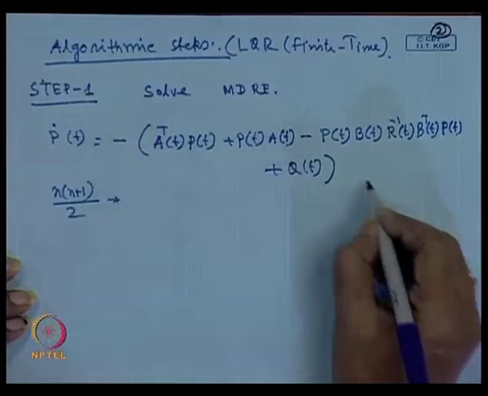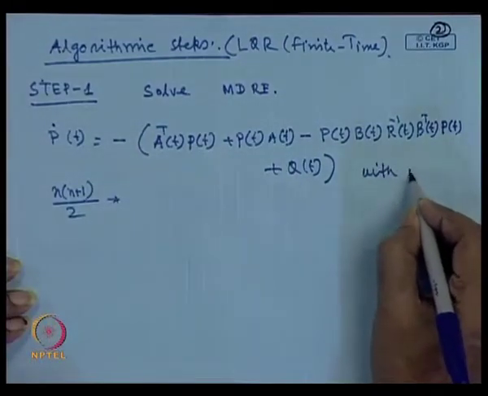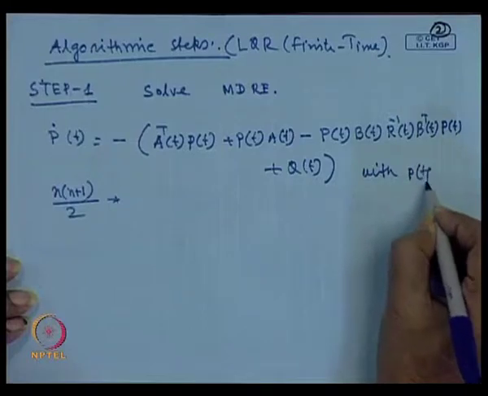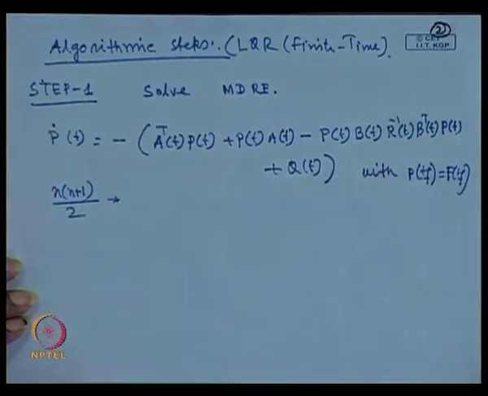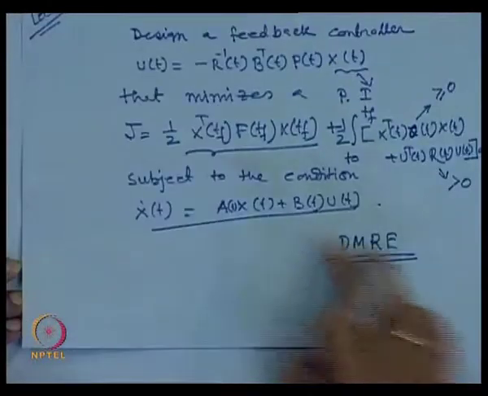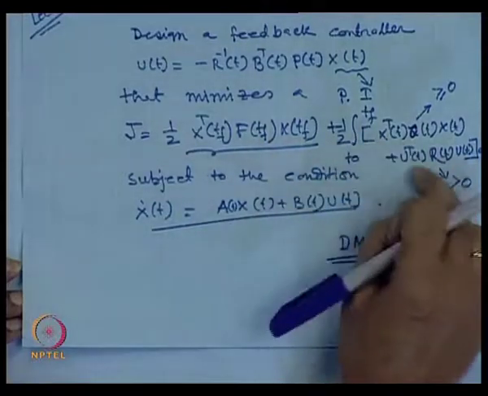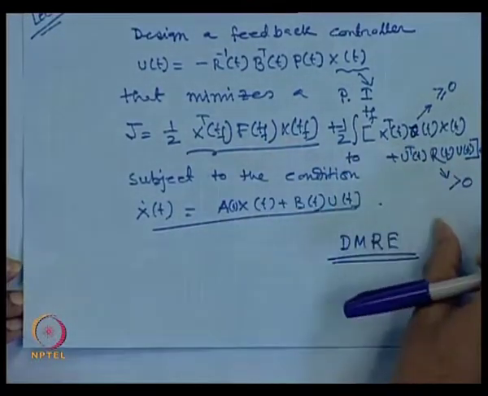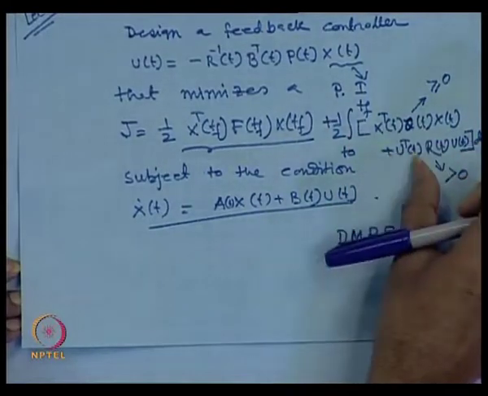This is with the boundary condition that P of T f is equal to F of T f, and F of T f is nothing but the terminal cost weighting function, while this whole part is the integral cost functional.